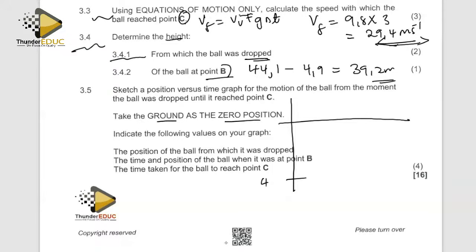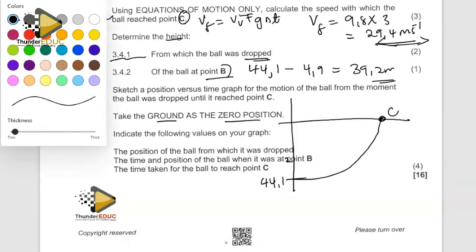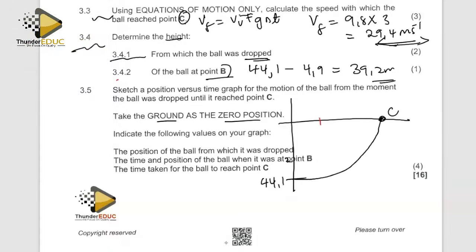Where this is going to be our 44.1, and then the object moves up to that point. So this is the C point. And then we can have our 39.2, which comes after. Isn't that too far? Let's change it and say this is 1, 2, and 3.